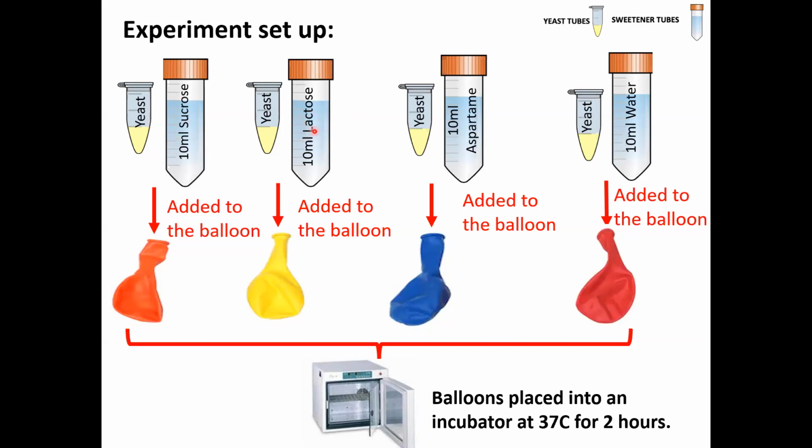We also have 10 mL of lactose. Lactose is composed of galactose and glucose. Yeast do not contain the enzyme lactase, which is able to break down lactose to galactose and glucose, so yeast are unable to break this down.